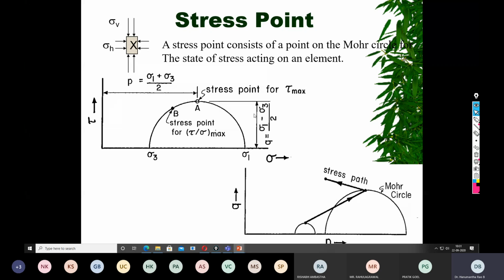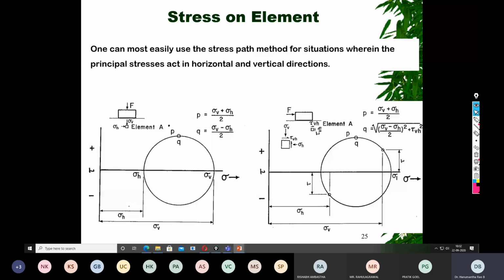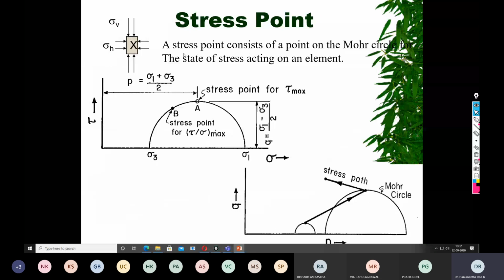These are rewritten in the form of stress points, P and Q. This P and Q can again be represented in total stress form or effective stress form. So this is a stress point, any point on the Mohr circle.